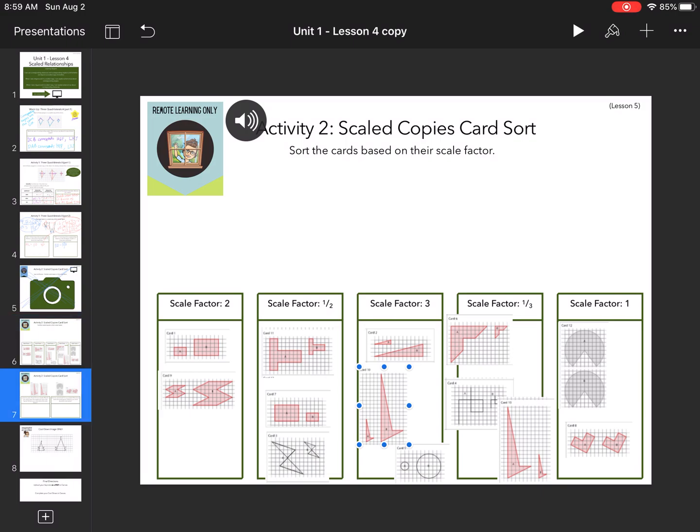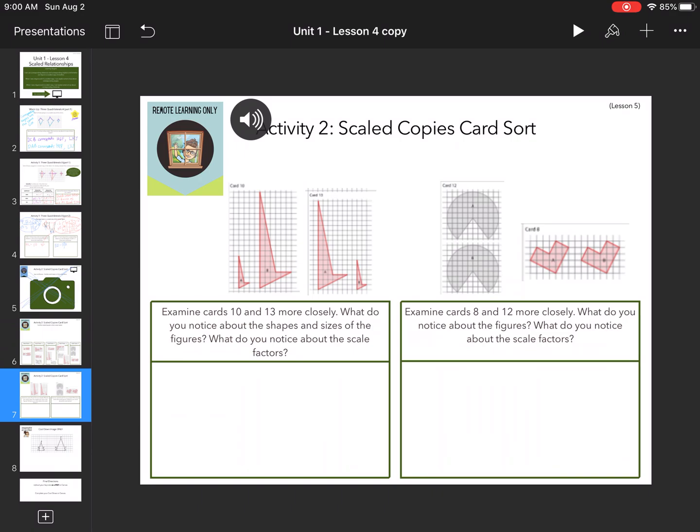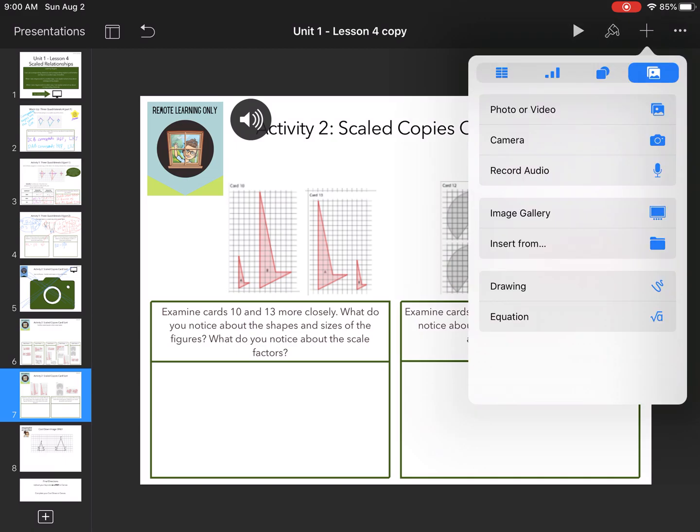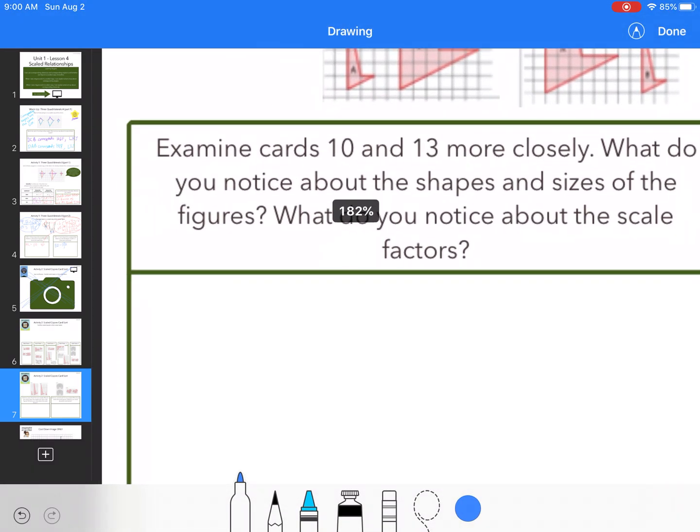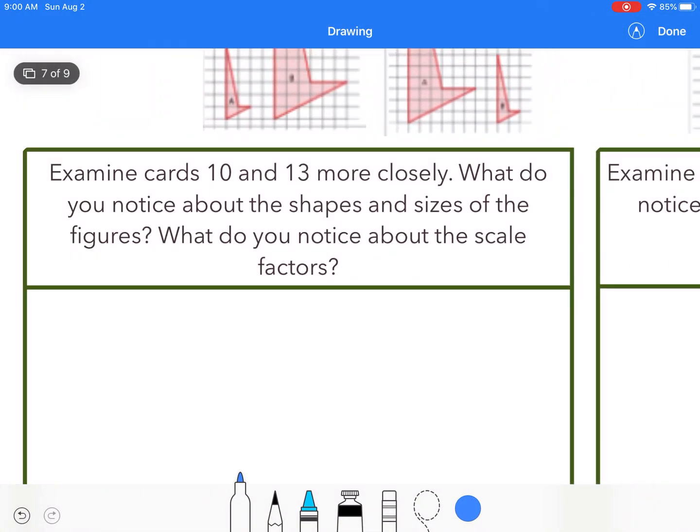Alrighty, so now let's look at the next slide. It says, examine cards 10 and 13 more closely. What do you notice about the shapes and sizes of the figures? What do you notice about the scale factors? Something that I notice is the shapes are the same.